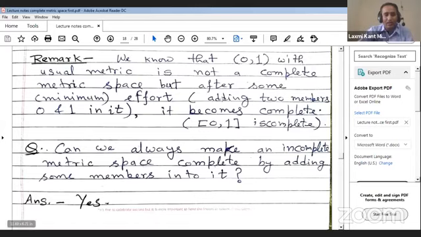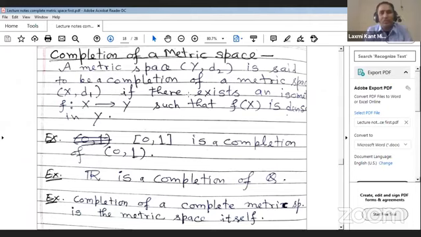The answer is yes. So this is the completion of a metric space. What is the completion of a metric space?